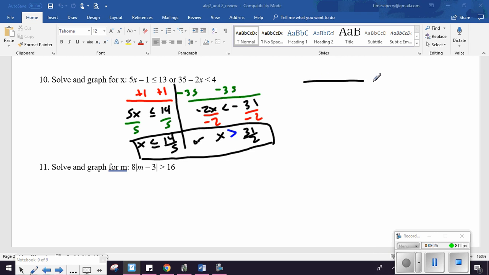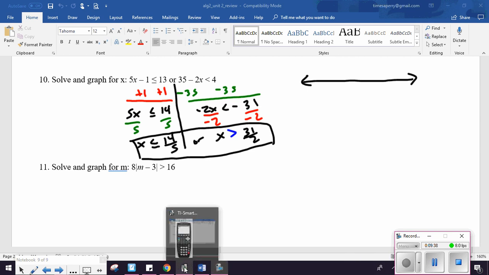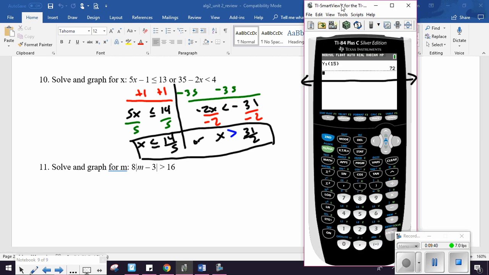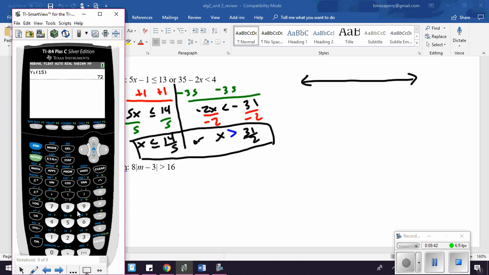So on a number line, since those are fractions, you might not have a clue as to where they are on the number line. So you might want to look at their decimal equivalent. So 14 divided by 5 is 2.8, and then 31 divided by 2 is 15.5.